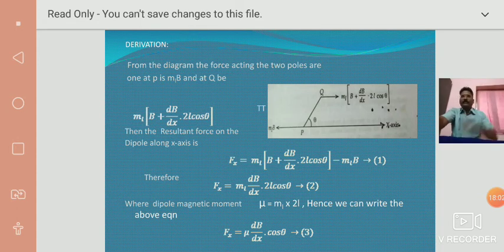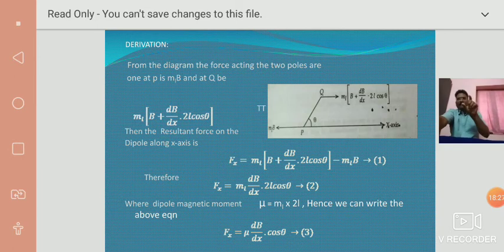At Q, the gradient of magnetic field, vertically from P to Q, from south to north, gradually increases with respect to the direction of x. Hence, the rate of change of magnetic field at Q is dB by dx.